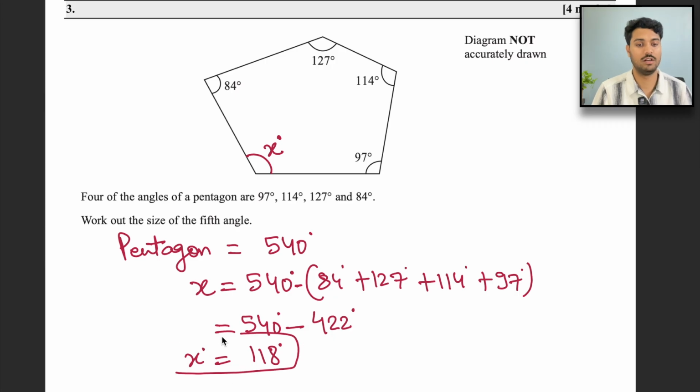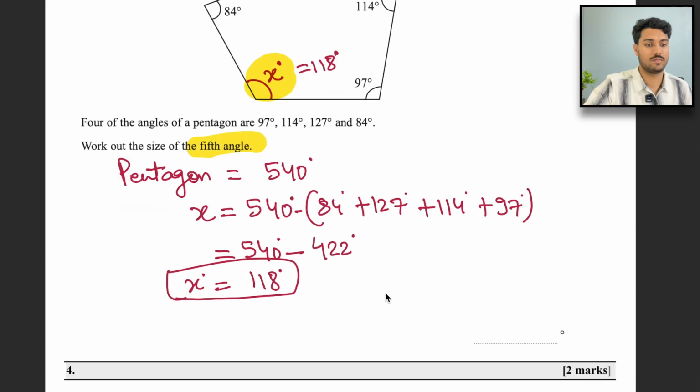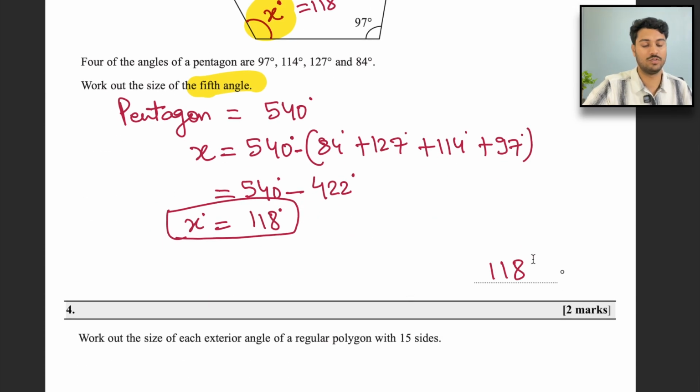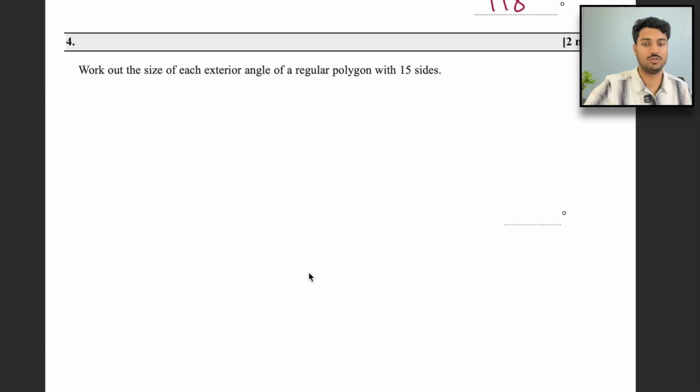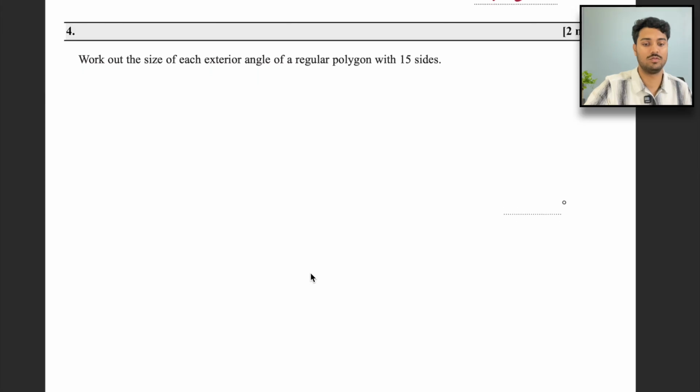So that's the value of the 5th angle, this one, which is 118 degrees. So we'll write 118 degrees over here. Let's move on to question number 4 now.